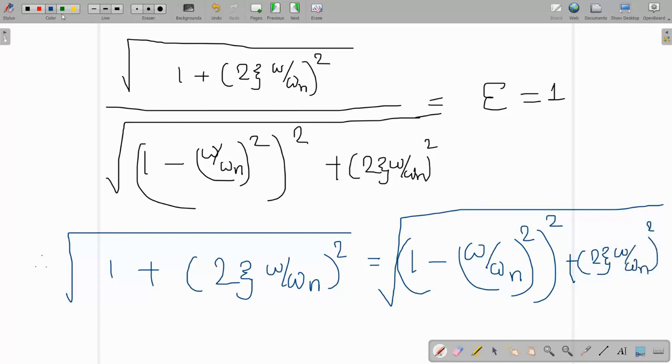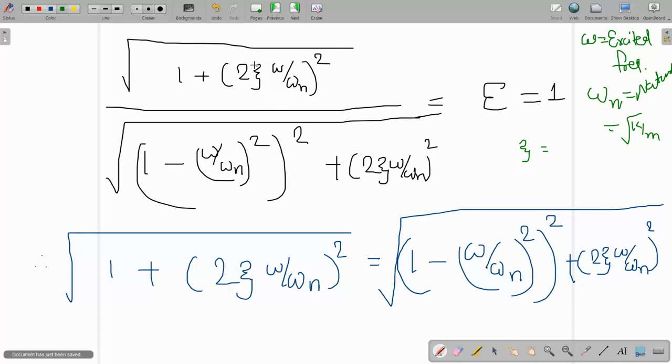Here let me define the terminology. Omega is what? The excitation frequency, the frequency at which the system is currently vibrated. Omega n is called the natural frequency of the system, also you can write under root k by m, and this is known as damping ratio, zeta, or epsilon.